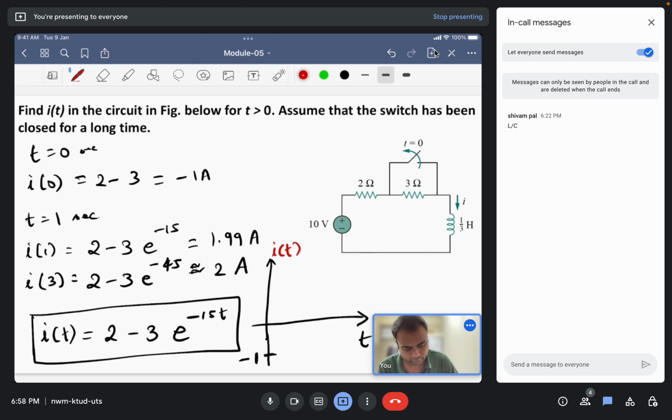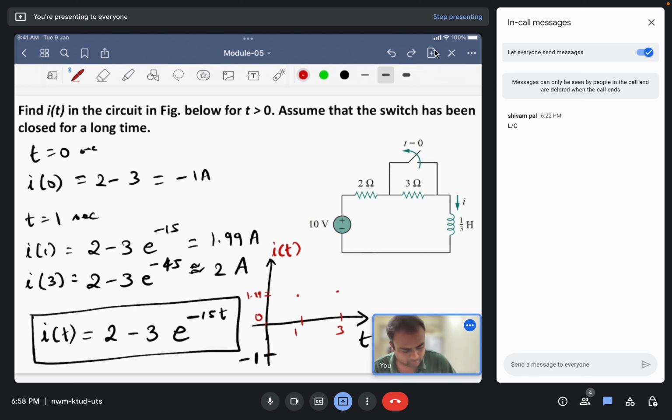Let us suppose 1.99 comes out to be here at some point, and at 3 seconds this was 1.99. So this is 0, this is 1, and this is 3. A mere rise of 0.01. If we join all these points, it looks like this.